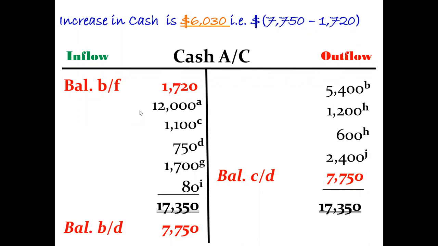The first one, we're looking at the inflow side first, where cash came from. This 12,000, look back at the transaction. You remember that this 12,000 was money that the owner put in the business? So what kind of activity would that be? Talk to me. Investing? Let me see what my chat is saying. Moya says financing. Lawrence says financing.